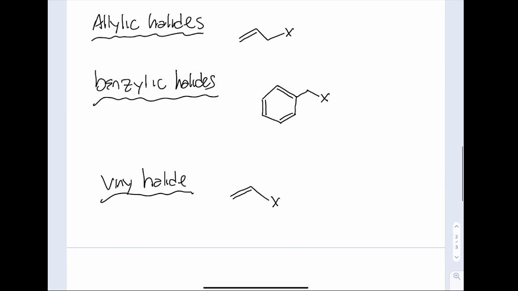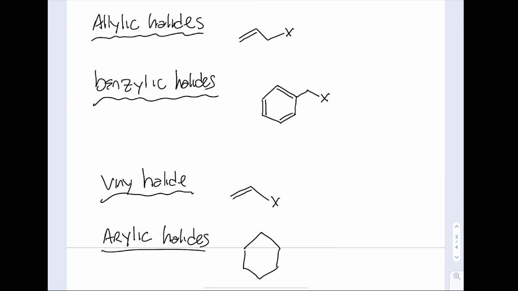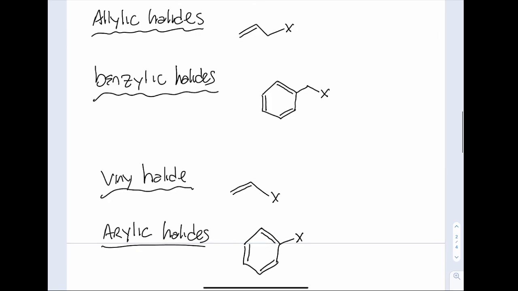And then aryl, sometimes just aryl halides, these have that benzene ring again. So 6-sided ring with alternating single and double bonds. But then directly attached to that is my halogen. So be really careful with these.